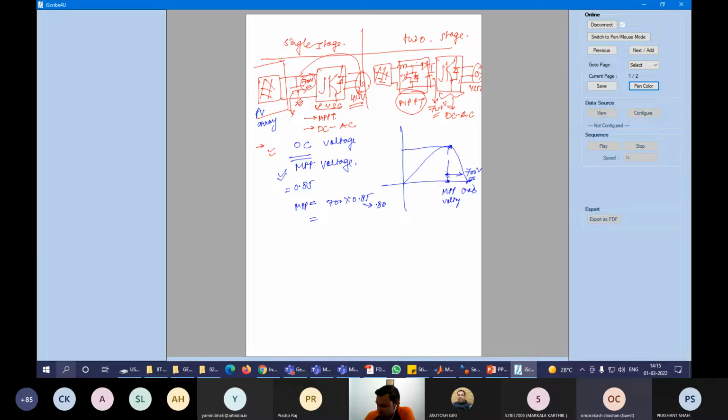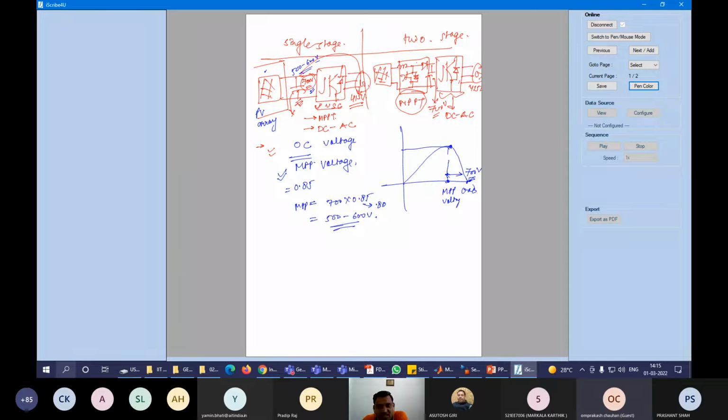Suppose 500 to 600 volt you will get. So when you are operating this PV array in case of single stage at the MPP point, you will not get 700 volt. You will get somewhere 500 to 600 volt.